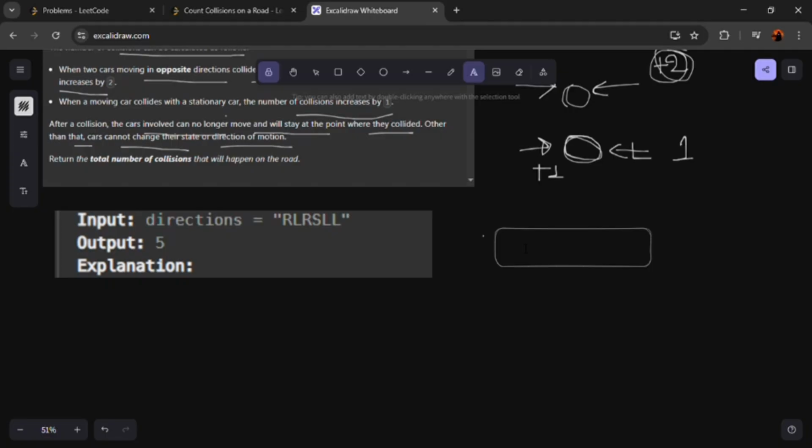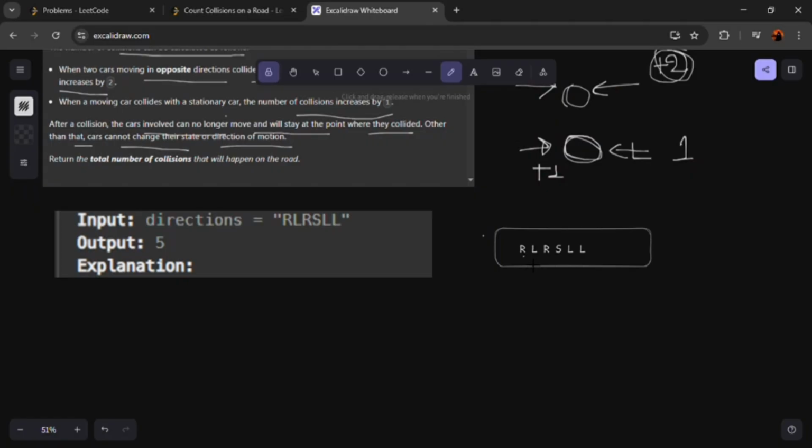Okay, we are given R, L, R, S, double L. Now let's understand how we can solve this problem.